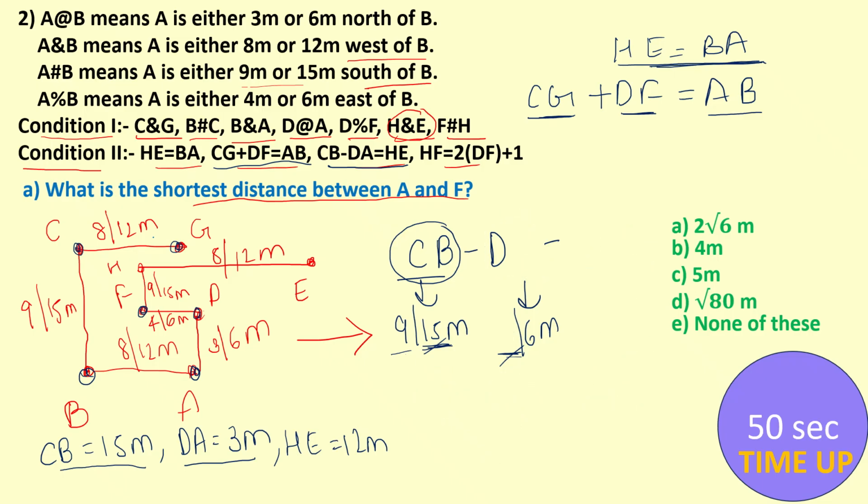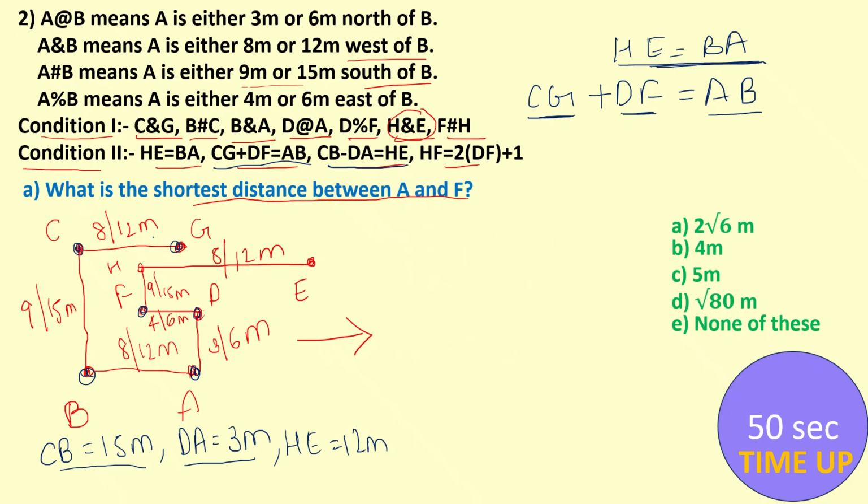If HE is 12 meter, then your BA or AB distance will be how much? 12 meter. So I draw the diagram here. This is your C, this is your G, suppose. Then this is your B. Then till here it will be A, correct? Wait, first till here I draw.